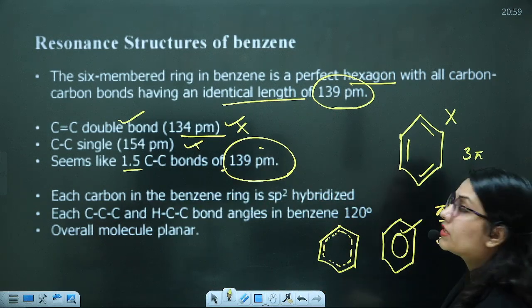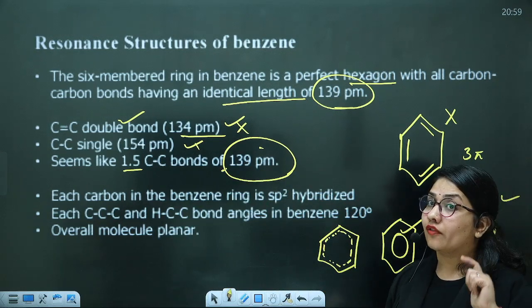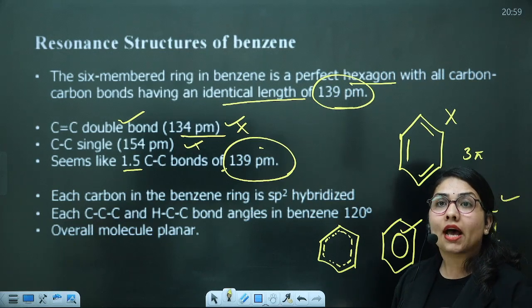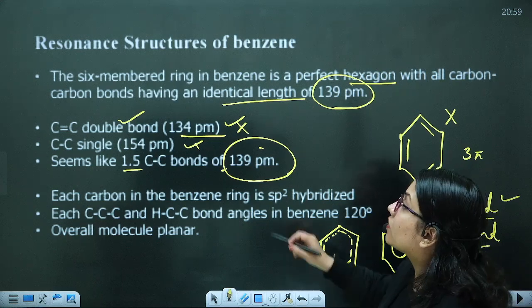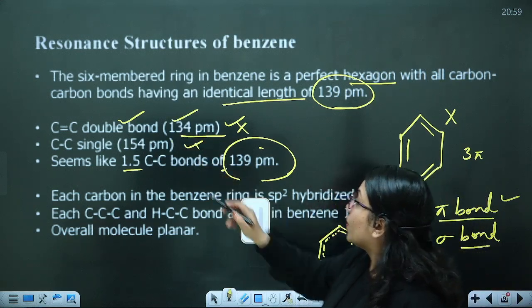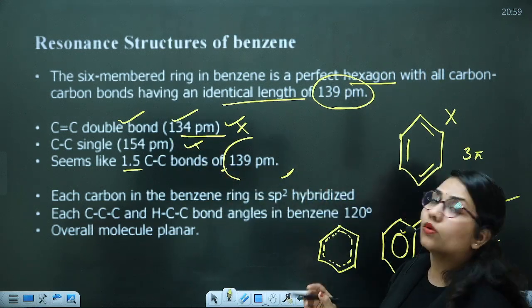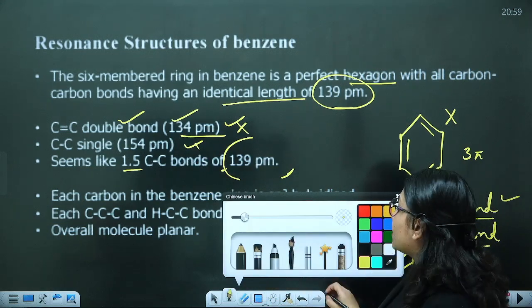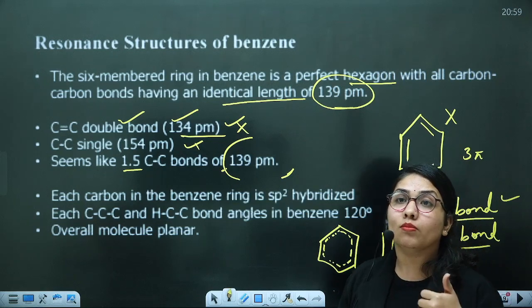This ring shows the delocalization of electrons, which means resonance is present here, and because of the resonance we are not getting these data, we are getting this data over here. So we have seen that resonance has an effect on the bond length.